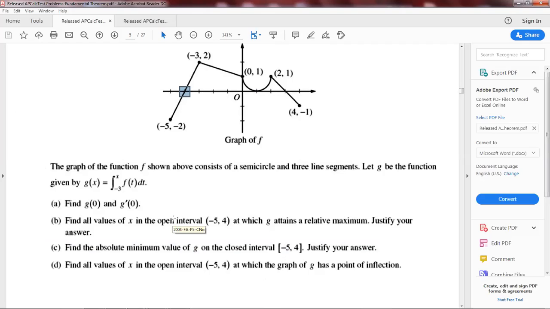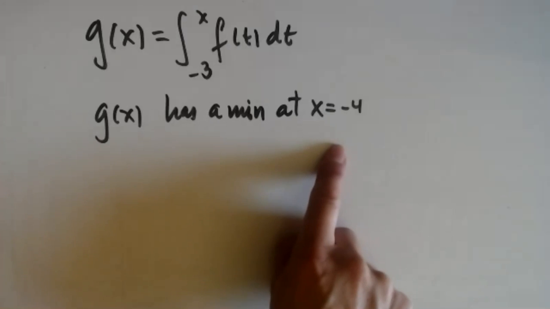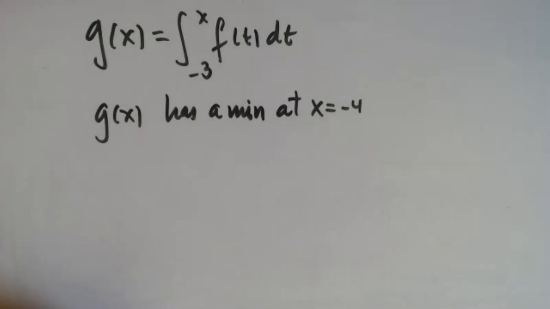So let me just put here again the function g of x equals the integral from -3 to x of f(t) dt. So g of x has a relative min at x equals -4. Stop share. So this is a min at -4.